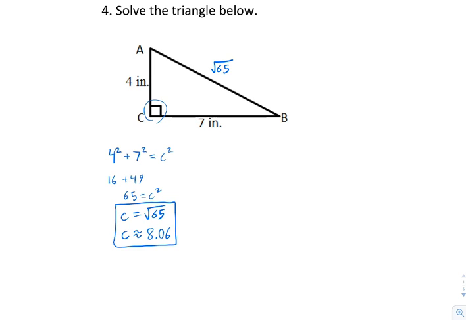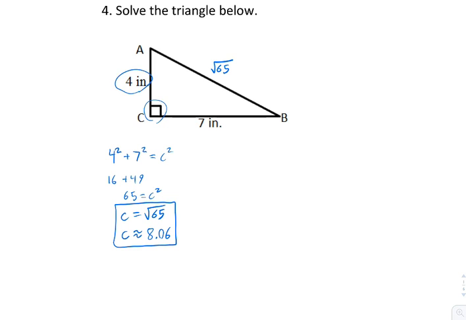I will not use my shortened 8.06 to find other values in the problem. That would make my error margin increase and increase, and my end decimal be off by a little bit. So I would use a more precise c value or exactly square root of 65. But anyways, we're done with that.